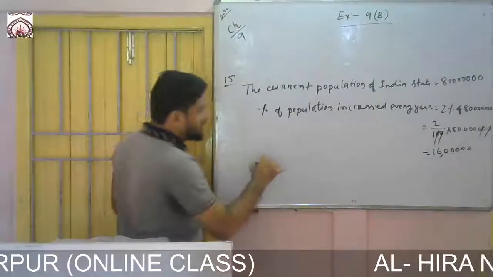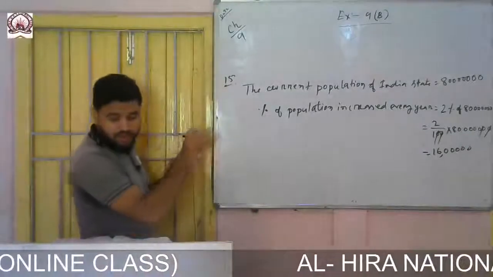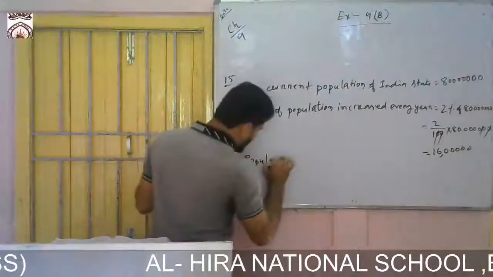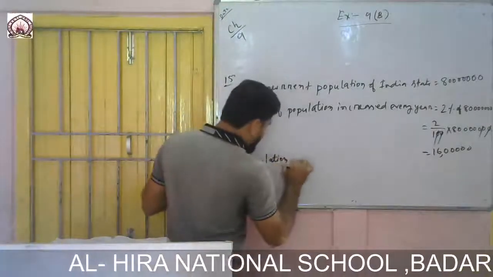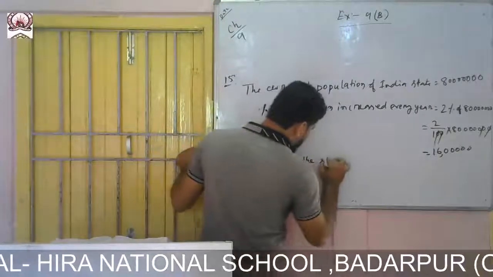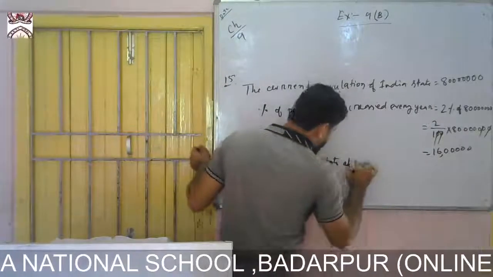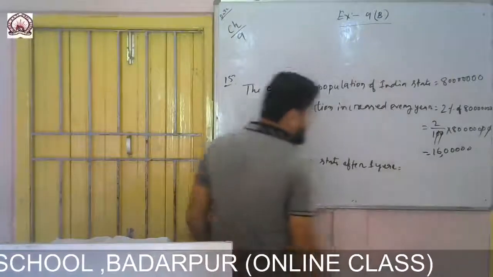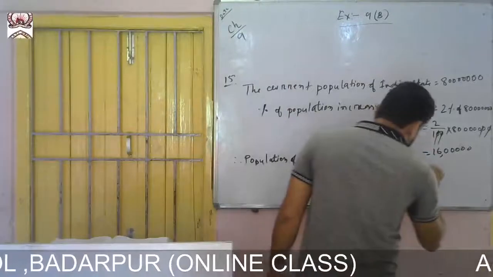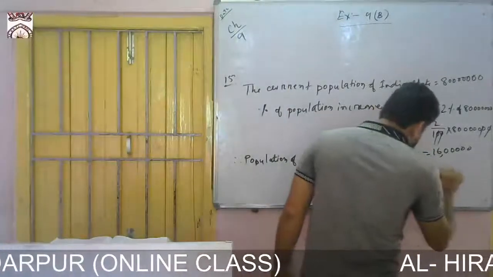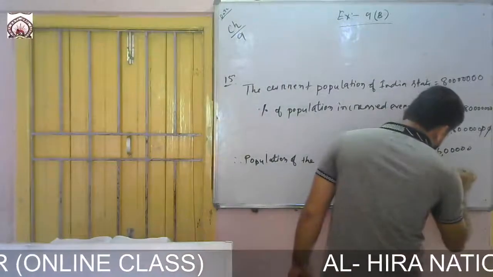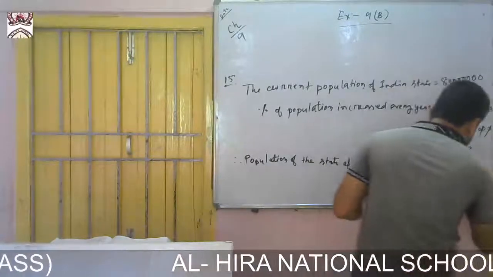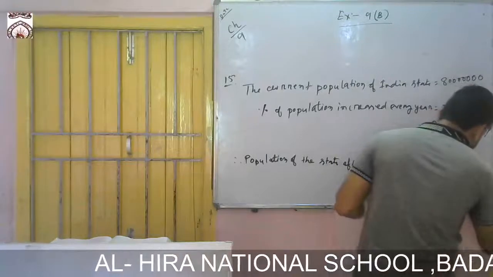So write, therefore, population of the state after 1 year will be current population plus increased population.